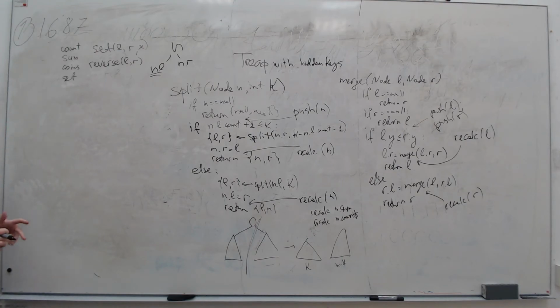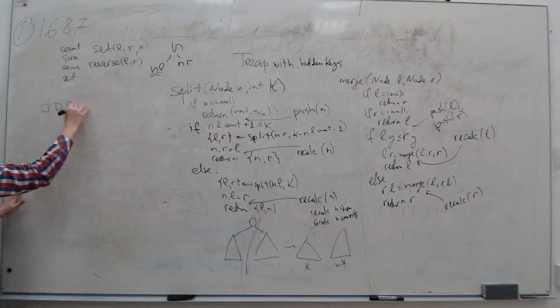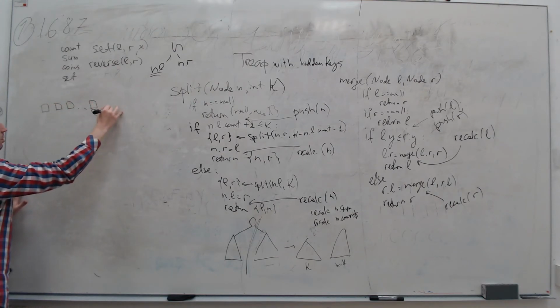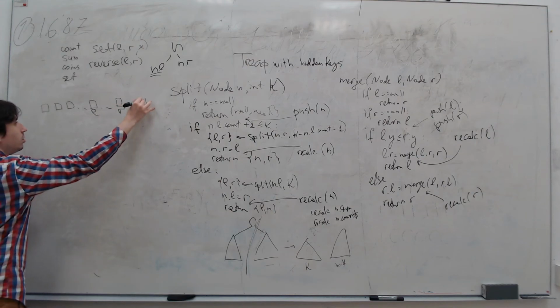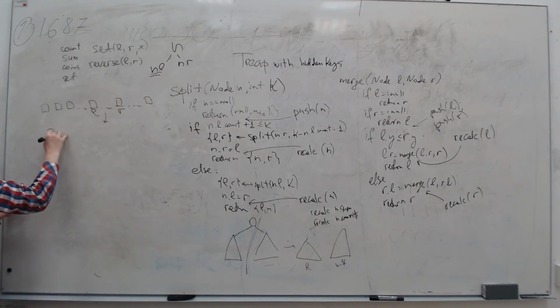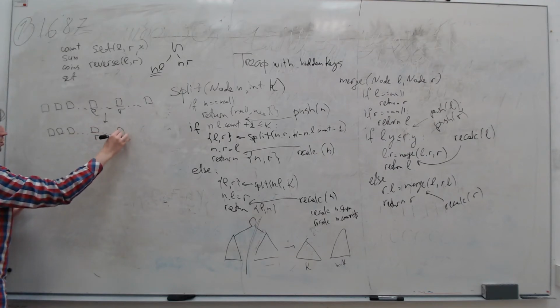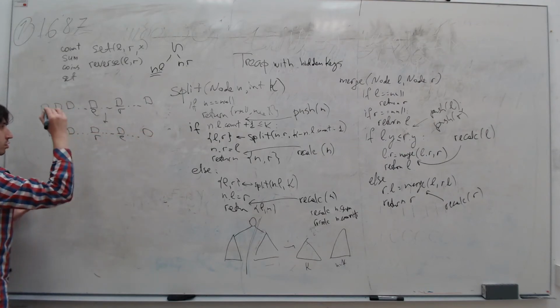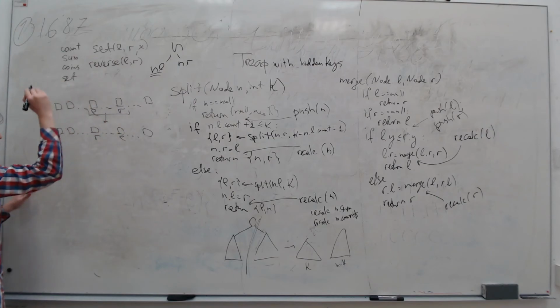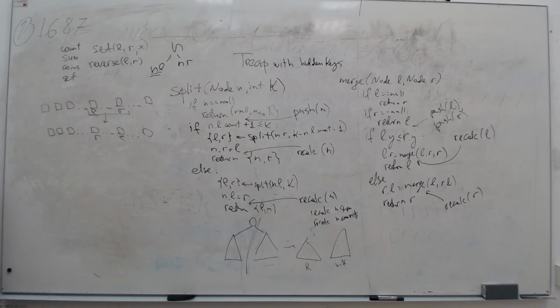So you want to reverse everything between L and R. So here is the array from L to R, and you want to make from this an array from R to L. So you reverse the whole subsequence. We just reverse it here.